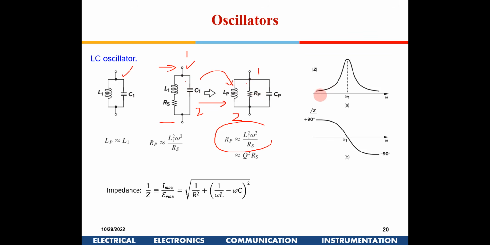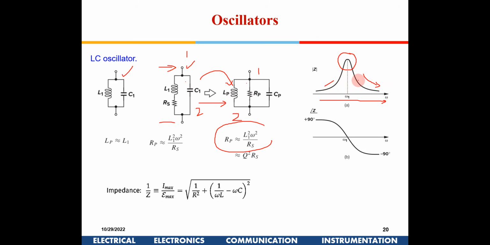Now if you see here, when I change omega from here to here, for omega equal to omega 1, which is known as the resonant frequency, the impedance will be maximum. For frequencies below that, the impedance will be lower, and above also the impedance will be lower.